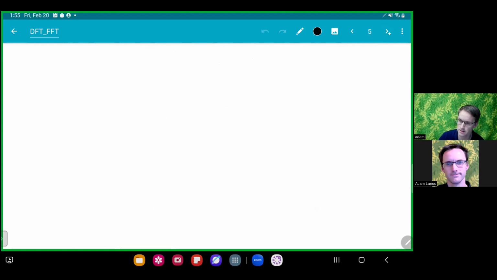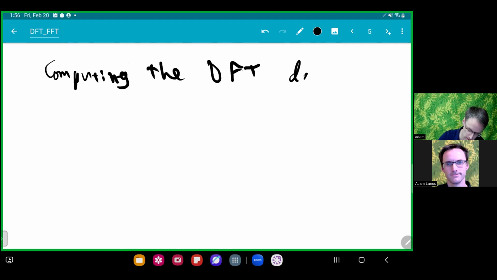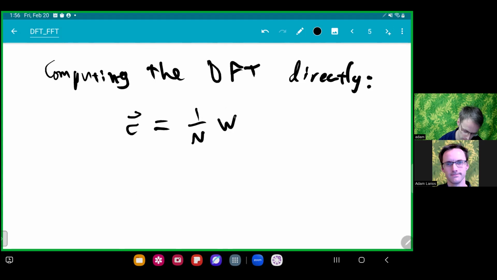Okay, but let's see how much this costs in terms of computation. So computing the DFT directly, as we just saw, means we want C to be equal to 1 over n times W bar transpose times F. The W bar transpose, we could compute in advance, even times the 1 over n factor.